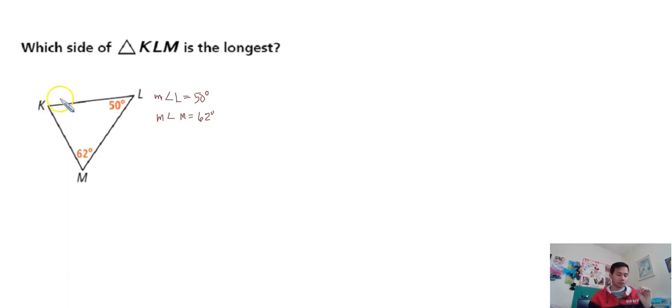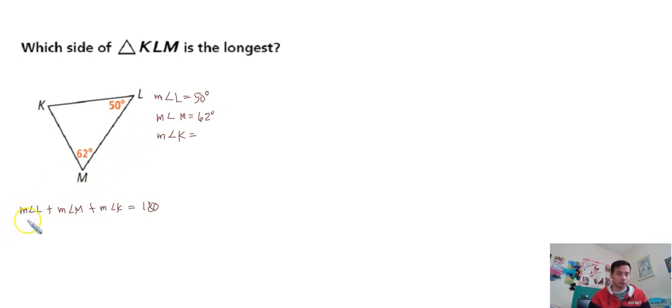Study tip: when needed information is missing from a diagram, you may need to apply properties or theorems to find it. Here, the measure of angle K is missing, so we use the triangle angle sum theorem, which states that the sum of the angles in a triangle is equal to 180 degrees.